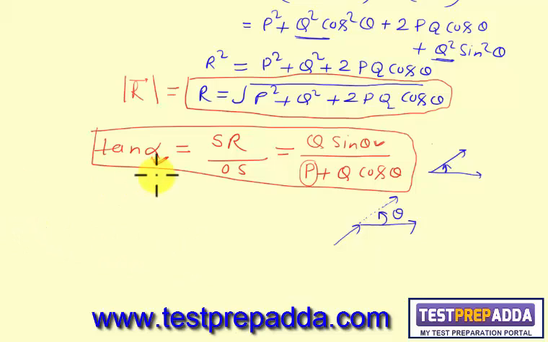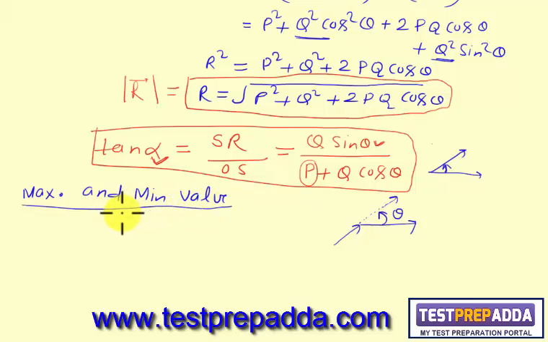Now you can see the resultant is root P square plus Q square plus 2PQ cos theta. So this angle will help you in determining the maximum and minimum values of the resultant R. For that you need to know maximum and minimum values of cos theta.